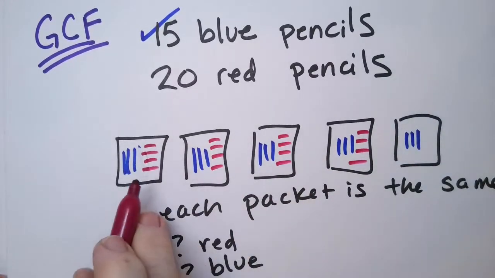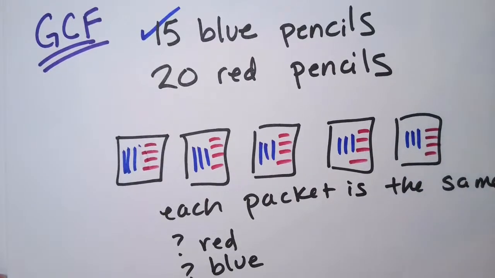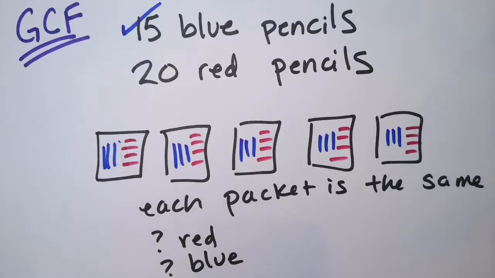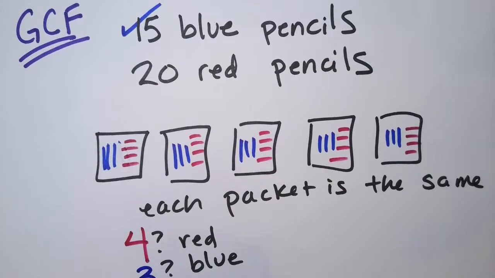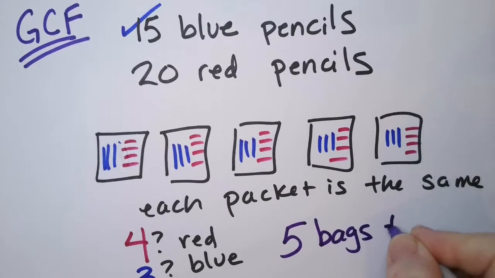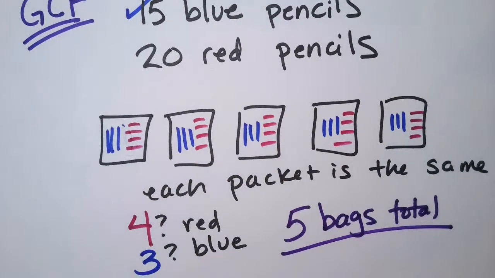All right, so 4 and 8 and 12 and 16 and 20. So we have 5 packets. In each packet, there are 4 red, 3 blue, and we have 5 bags total for them all to come out even. All right, if that makes sense, give me a smile.